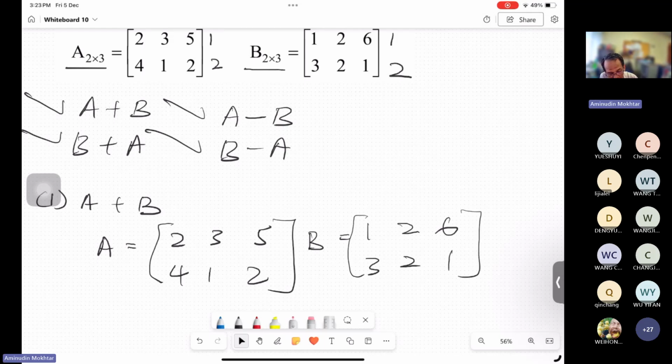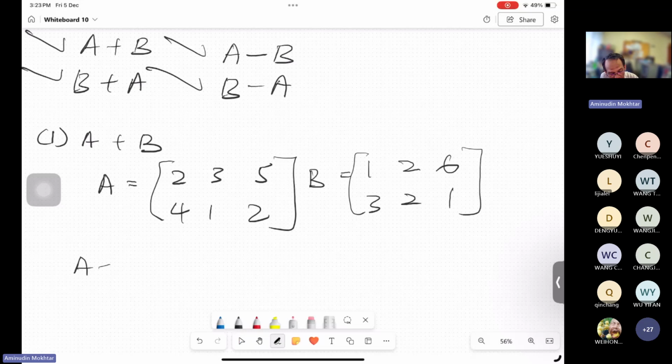So we need to calculate A plus B. Since A and B have the same number of rows and columns, we can calculate A plus B. But the next question is how to calculate A plus B.